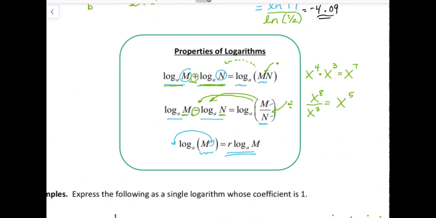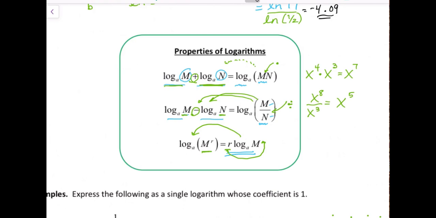Now, if I look at the property from right to left, what it's telling me is that I can take any coefficient here in front of my log and move it in as an exponent on my argument, which would end up looking like that.